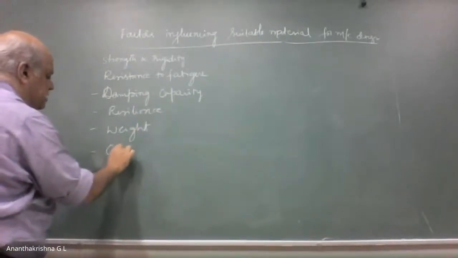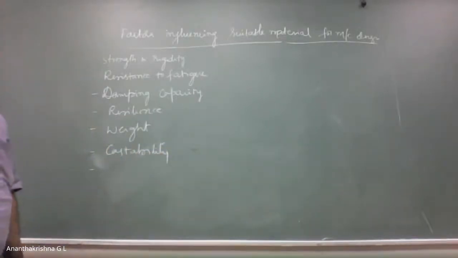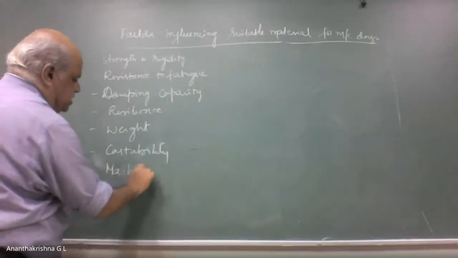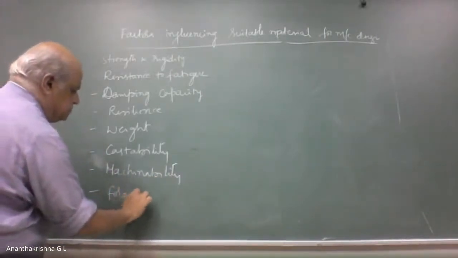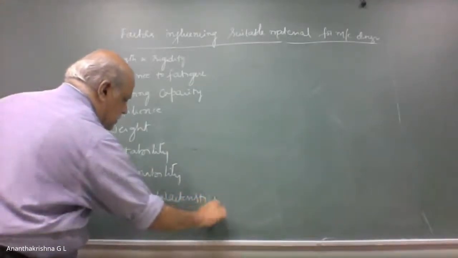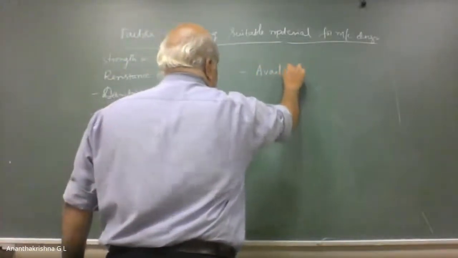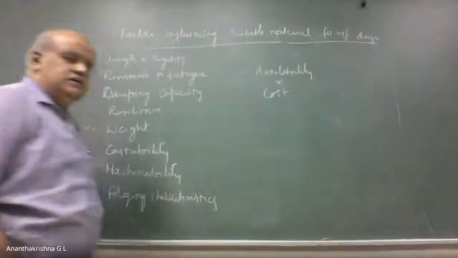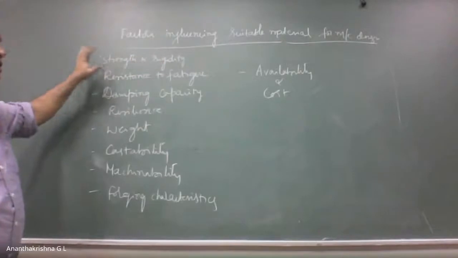Castability. Next is machinability, forging characteristics. And next one may be availability and cost. And these are the factors that will influence selection of material in machine design.